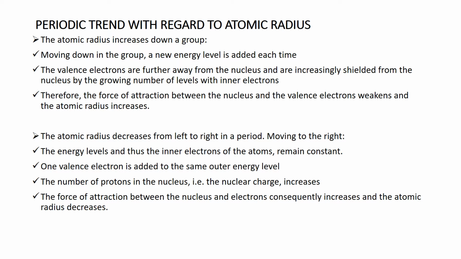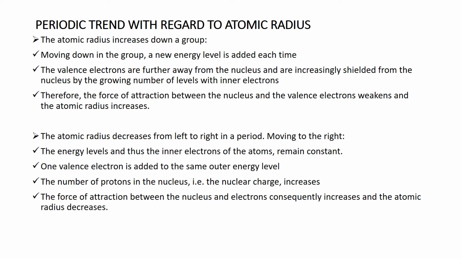So you can think of the person who is dancing at the center as the nucleus, and the people making the circle as energy levels. So you can see now why the valence electrons are shielded, because the valence electrons are the outermost electrons. They are the people at the back of the circle.